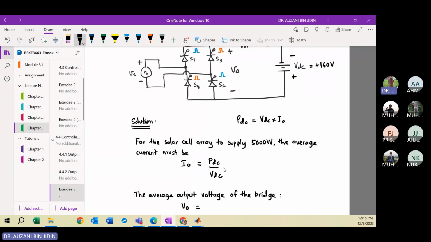So from here, you can calculate IO, the output current. PDC is 5 kilowatt, divided by the DC source voltage of 160 volt. So the output current is 31.25 ampere.